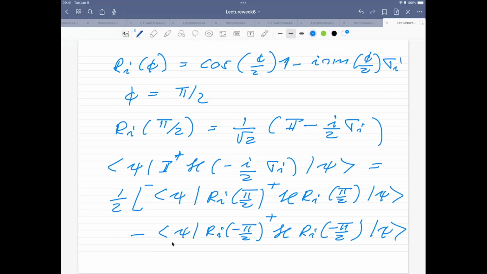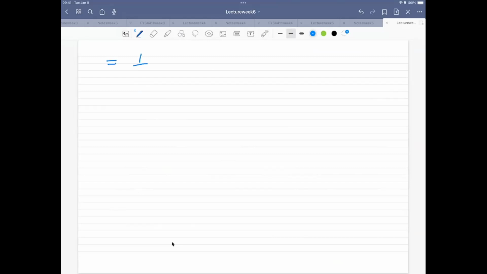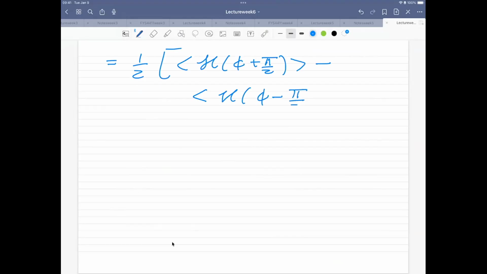Now, this quantity which you see here, this specific transformation, is actually the Hamiltonian being rotated by an angle pi half. So that means that I can actually rewrite this term when I add everything up as 1/2 and then multiply with the expectation value of H at an angle phi plus pi half, minus the expectation value of H at an angle phi minus pi half.